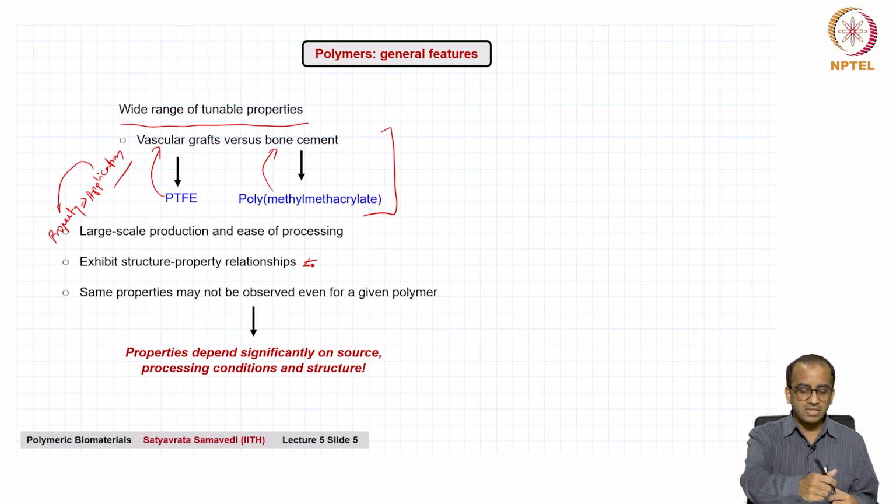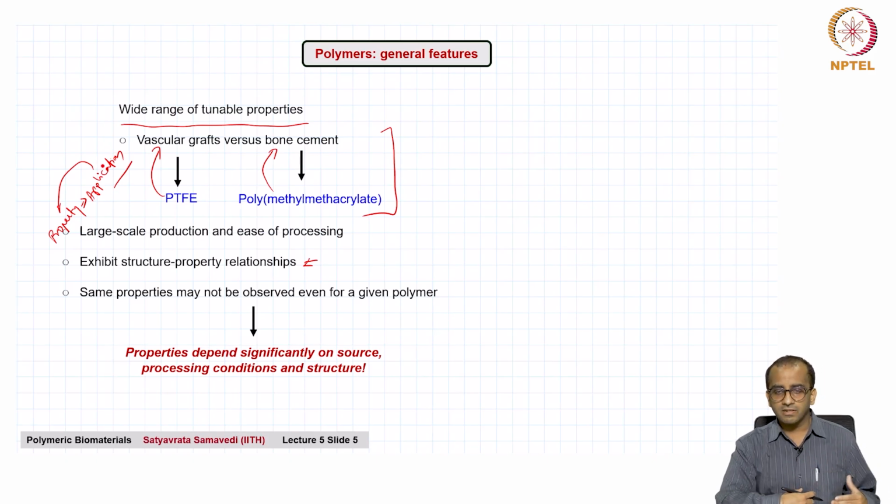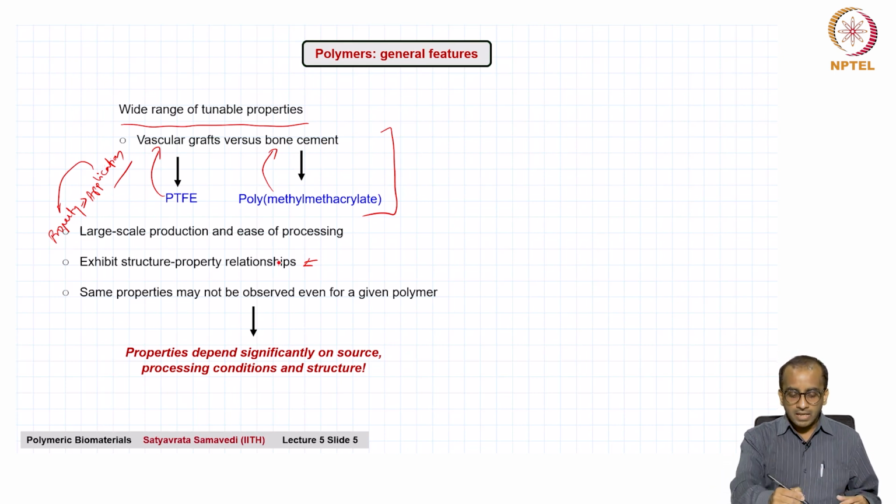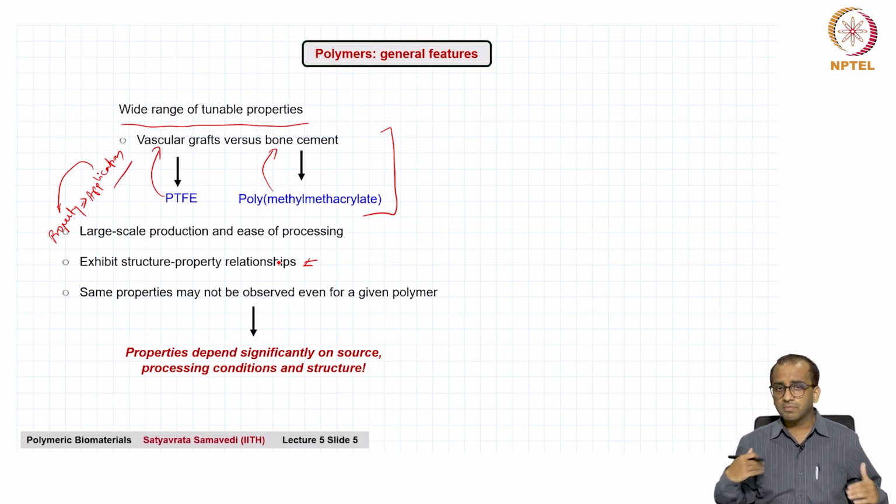So, just as I said that applications and the type of environment and the conditions under which the material will be deployed will dictate what kind of properties are demanded from the polymer, the properties themselves can be traced back to the structure of the polymer, and that structure itself can be talked about at multiple length scales. So, you can start off with a single molecule, which is the molecular structure, and then you can talk about a chain, you can talk about multiple chains interacting together, and so on.